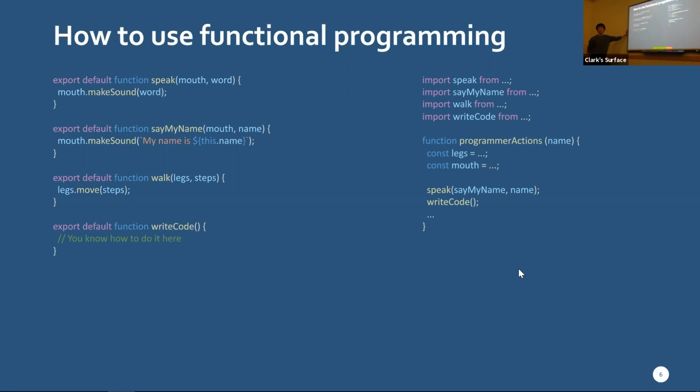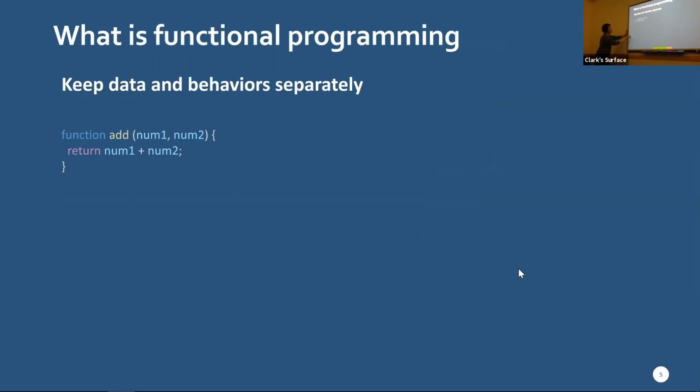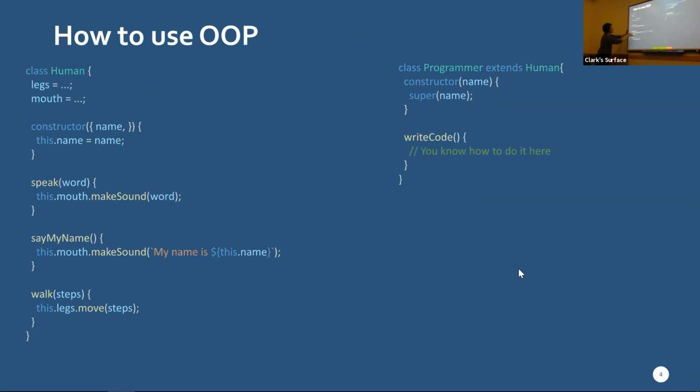So is it the same as the interface now? No, not yet. Interface is a good question. If you have a question, just ask. The interface still belongs to OOP. Let me give you a concrete example, let's say this human.